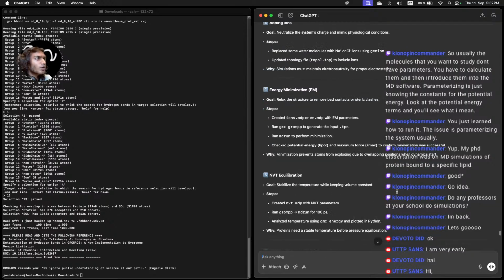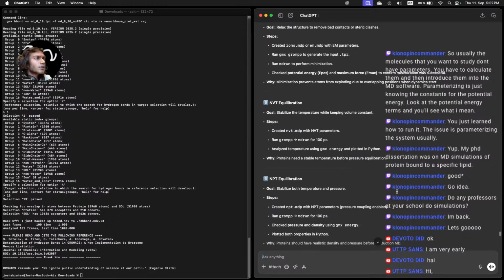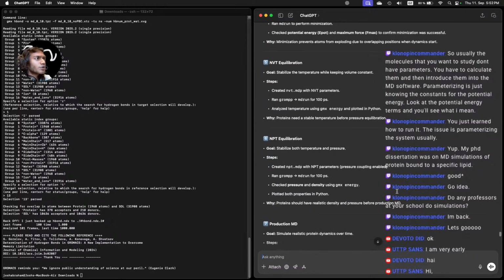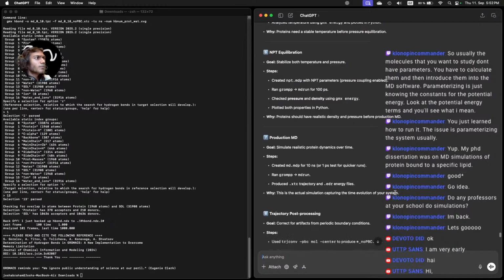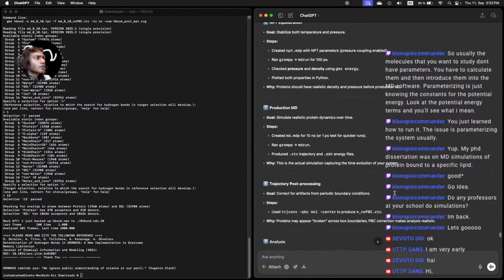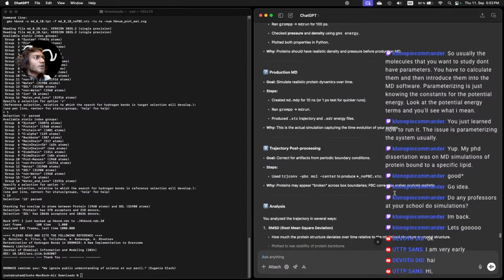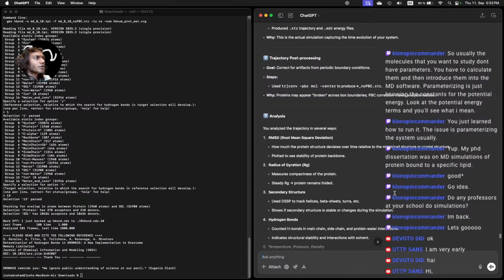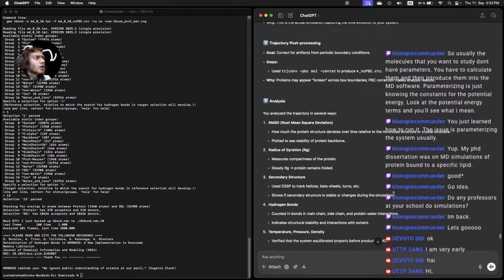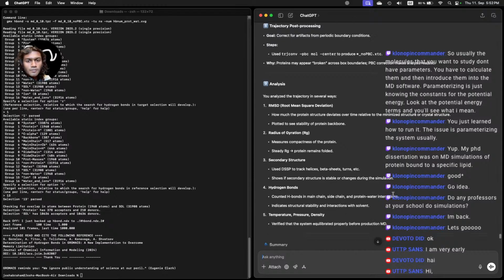Stabilize the temperature while keeping volume constant. Stabilize both temperature and pressure. Simulate realistic protein dynamics over time. Correct for artifacts from periodic boundary conditions. Analysis: radius of gyration, secondary structure, hydrogen bonds, temperature, pressure, density.